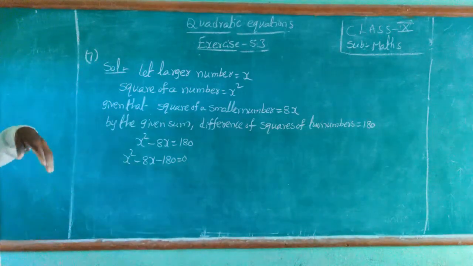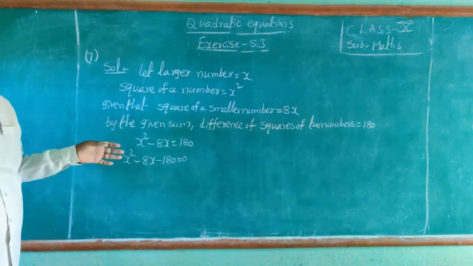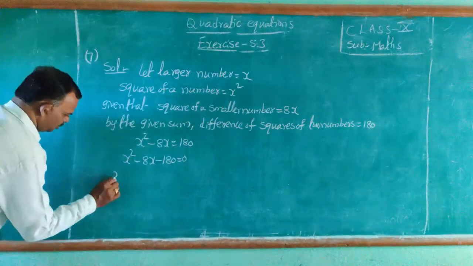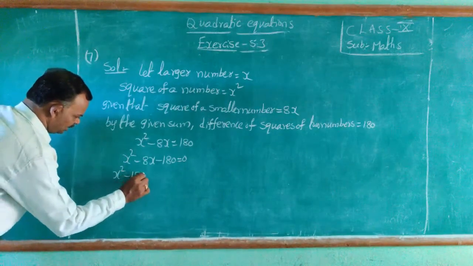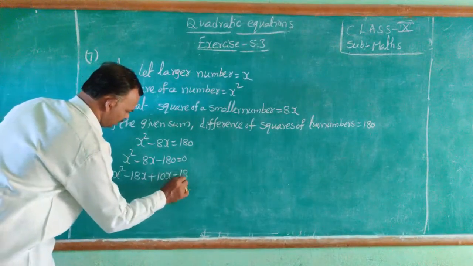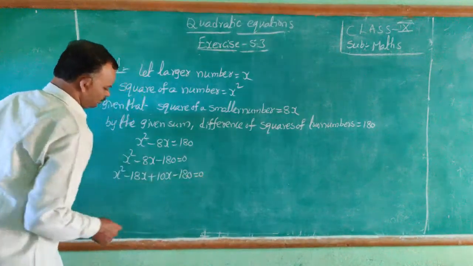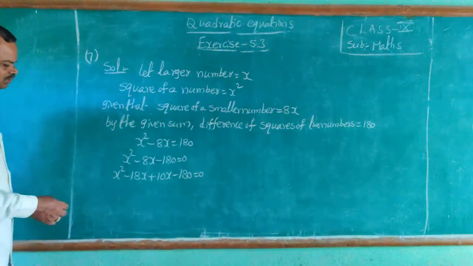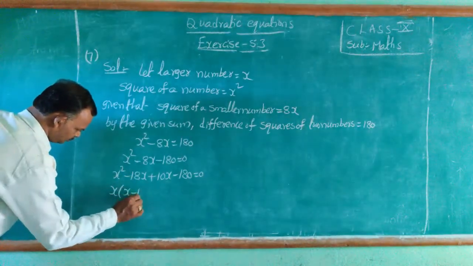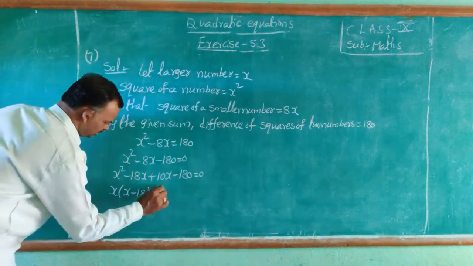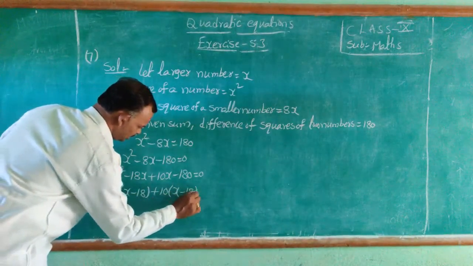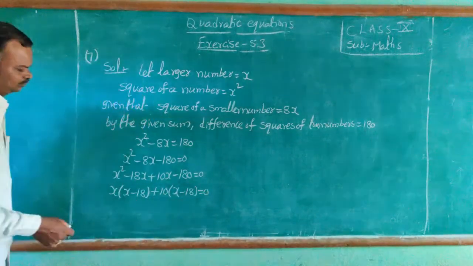Factors of 180: 18 tens are 180. 18 minus 10 is equal to 8. So x square minus 18x plus 10x minus 180 is equal to 0. In the first two terms, common x; x minus 18, and common 10; x minus 18 is equal to 0.